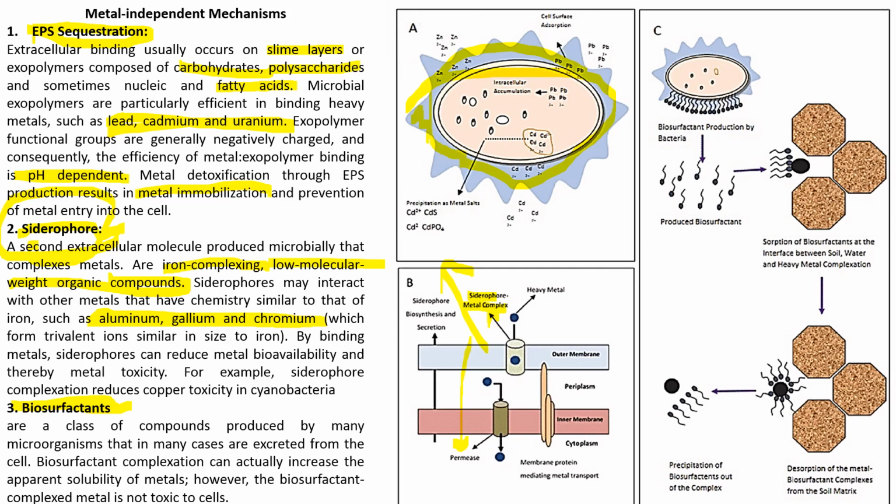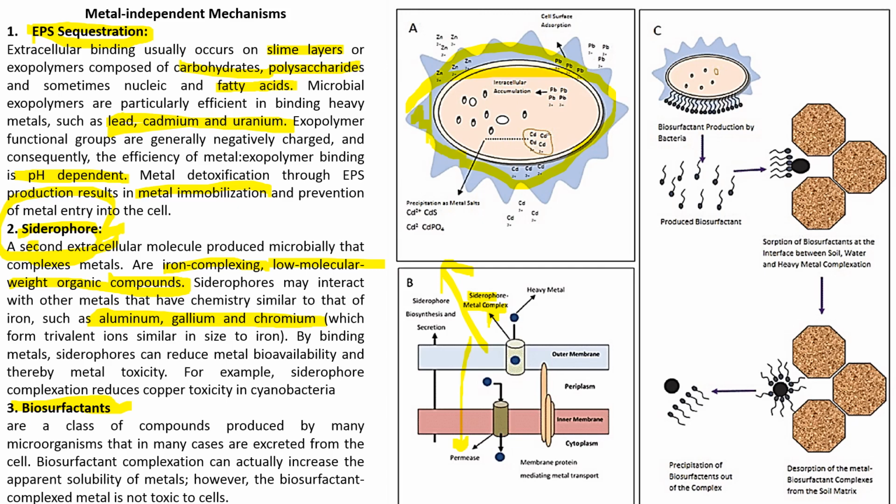So the last method is biosurfactants. So biosurfactants are a class of compounds. Again, there are some kind of sulfates which I'm not really sure about, but this class of compounds is secreted by microorganisms, and they're good emulsifiers, and this particular emulsification complexation process increases the solubility of metals. So metals are not readily soluble in nature, but when biosurfactants are produced, they complex the metal and again stop it from diffusing into the plasma membrane.